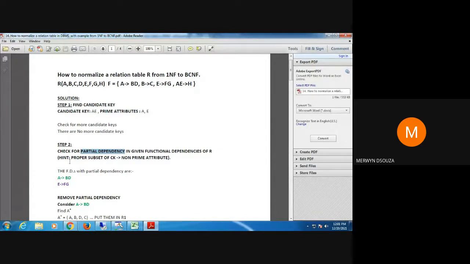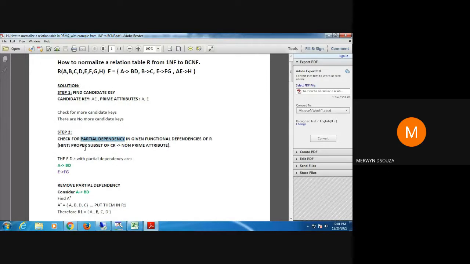You will find that there are two functional dependencies wherein the proper subsets of your candidate key are A and E. The proper subset of your candidate key is A, and the second proper subset is E.